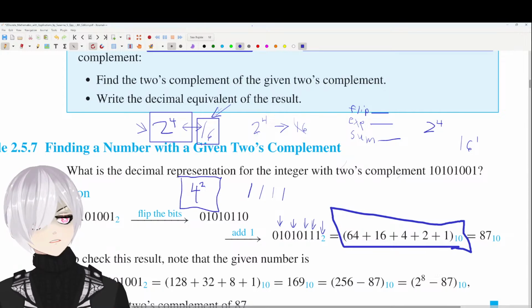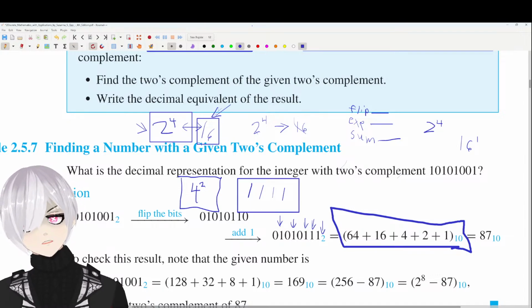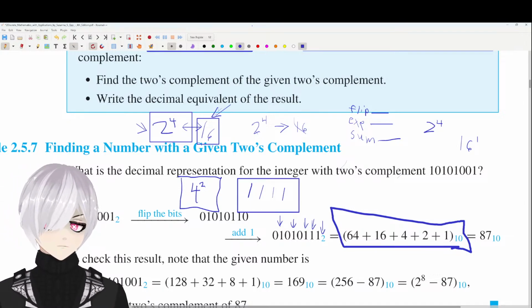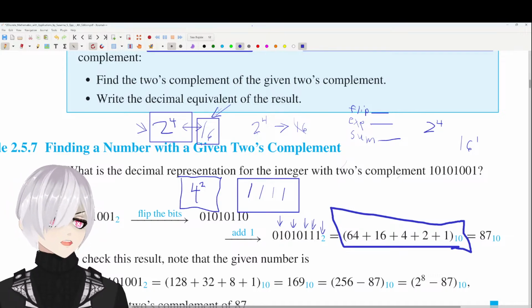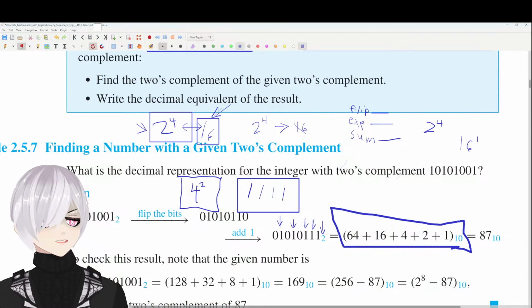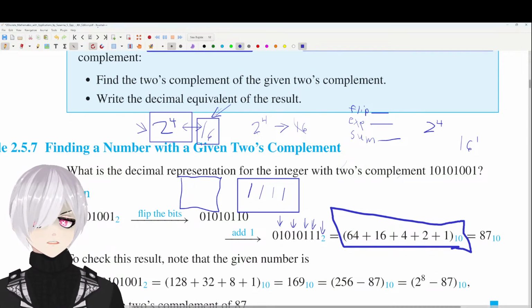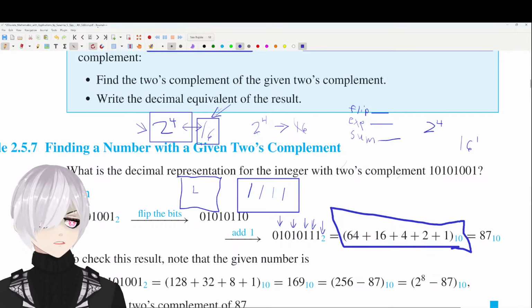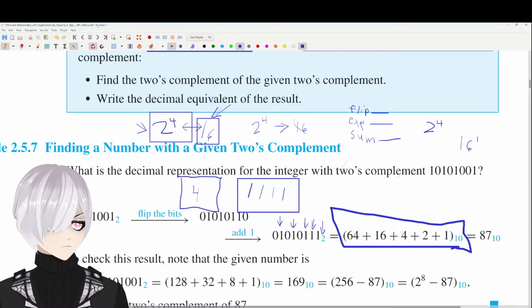But would you have a guess as to how many possible additions you could get with 4 bits? Well, I guess with 4 bits there are 16 possible combinations of bits. Each bit, you have four of them, and each one can be either 0 or 1.